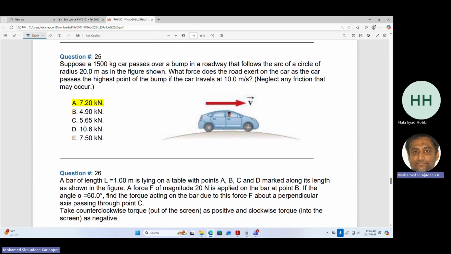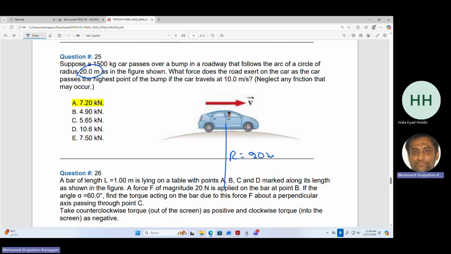Number 25. Suppose a 1500 kilogram car passes over a bump in the roadway. So it's like the car is describing a circular path, right? At that instant, it is going in a circle with a radius of 20 meters.